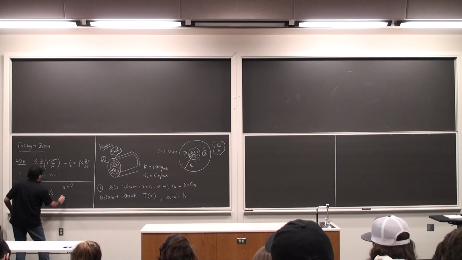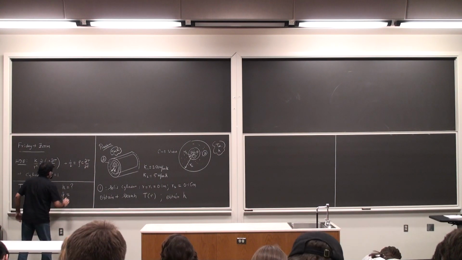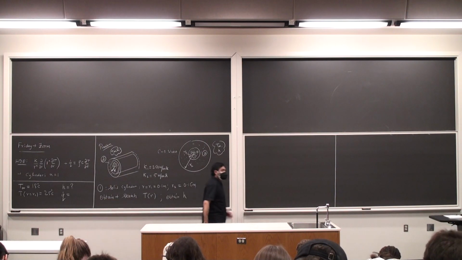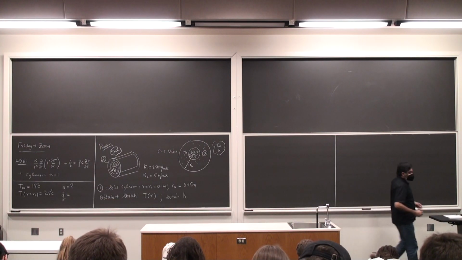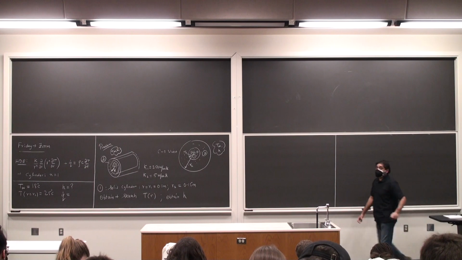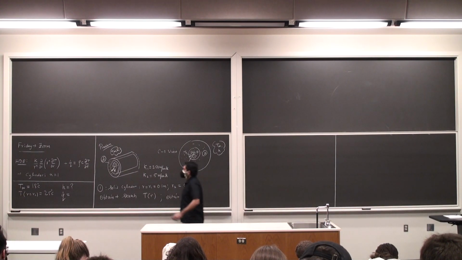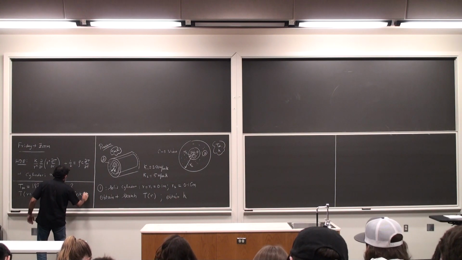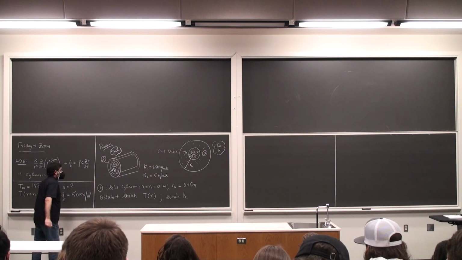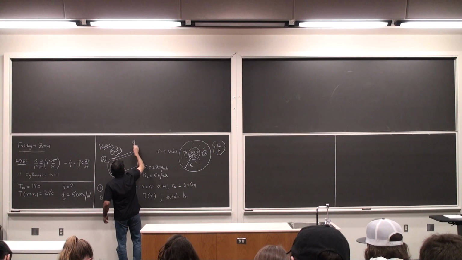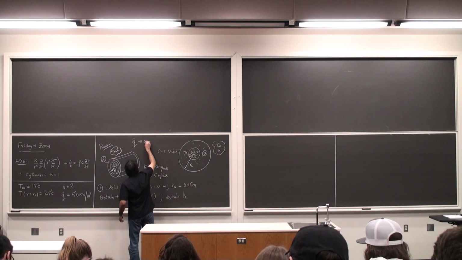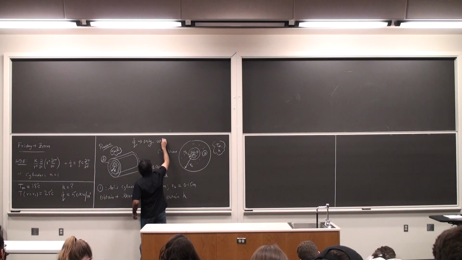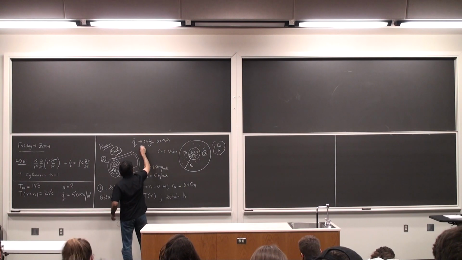So q dot is given to us, I believe, as 50 kilowatts per meter cube. Just clarify that: 50 kilowatts per meter cube, for the solid cylinder only. So q dot only within the solid cylinder.